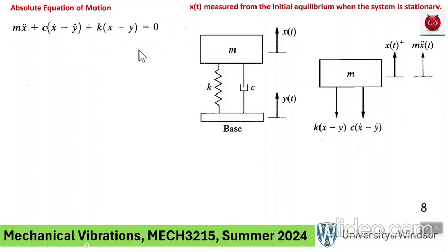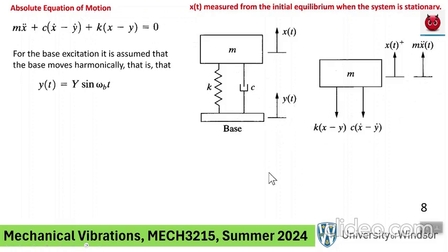Now, remember, we know what our y is, and we know what y dot is, because we know the base motion. Otherwise, we can't solve the problem. So let's, for a minute, assume that the base motion is actually harmonic, like the example that I gave you in the previous, the bumpy road or sinusoidal profile, etc. So it has an amplitude.